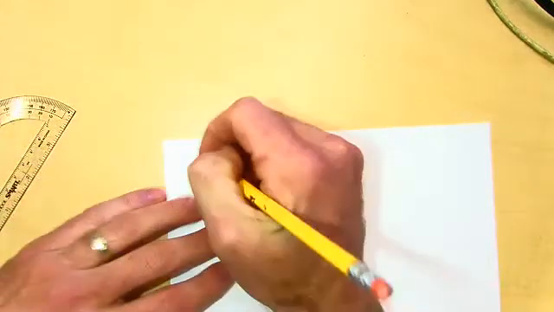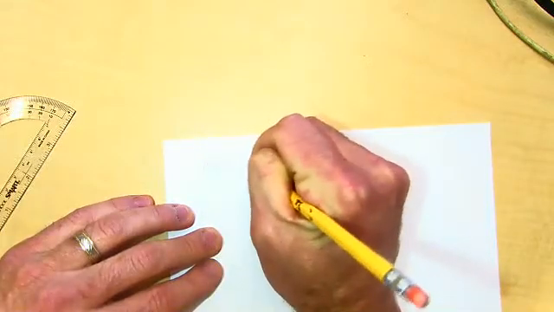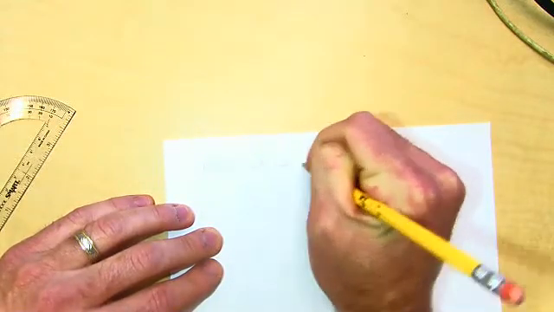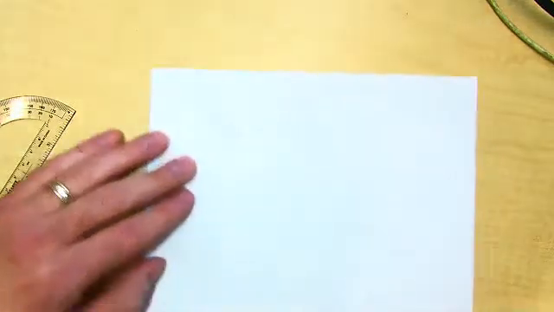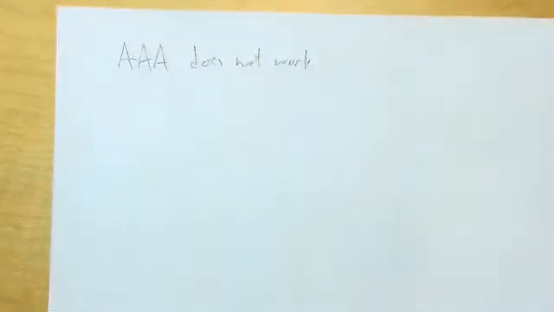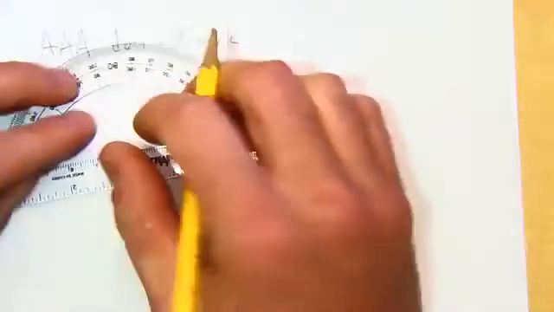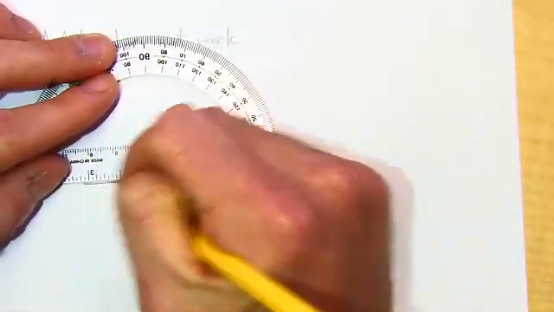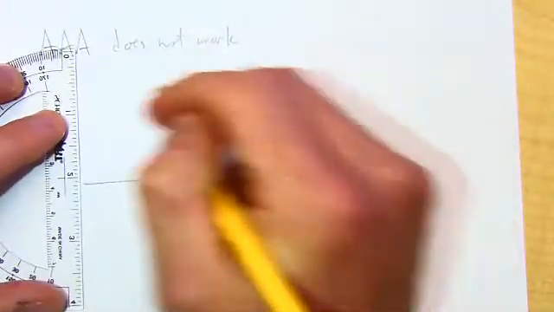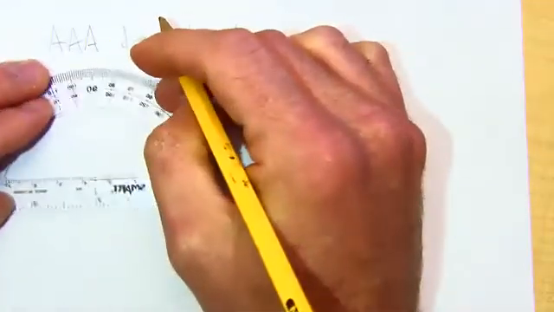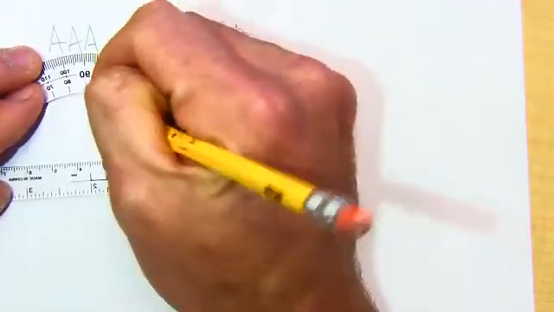One last thing. AAA does not work. I'll just show you why on that quick. AAA would be 3 angles, right? So let's copy those angles, 35, 55, and 90. Not worried about the sides, so let's do the 90. Try to be accurate here.